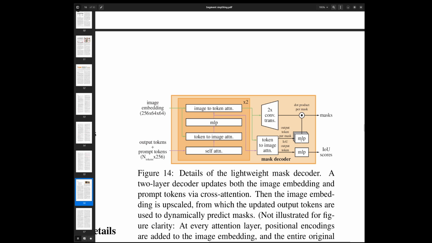And I guess you have an MLP here either because you want to match the embedding size, but I don't think you need to because this should be 256, or maybe just because, why not? And then you obtain this mask here.